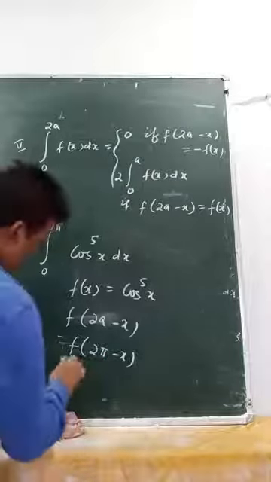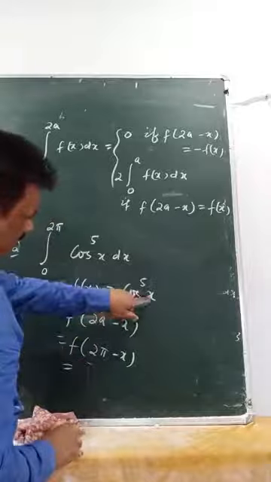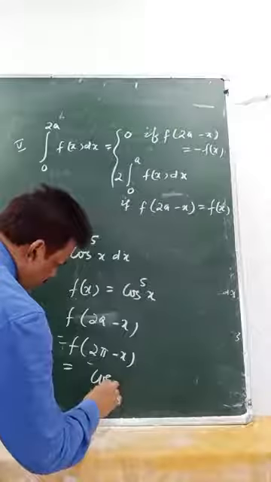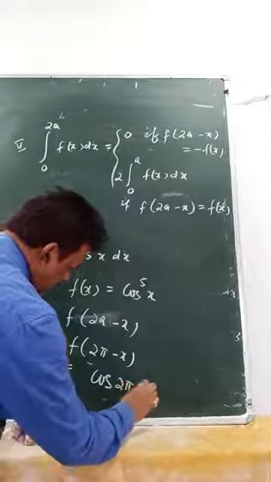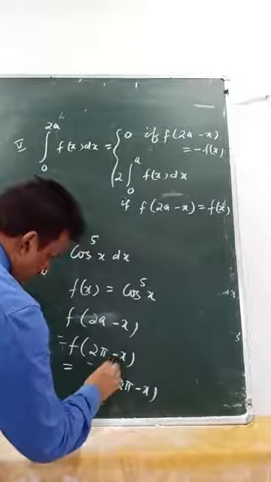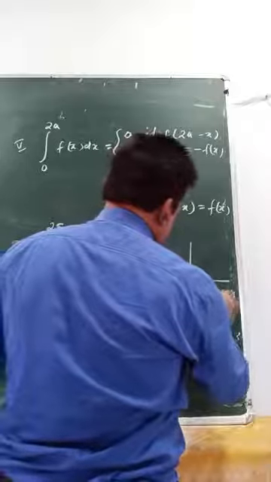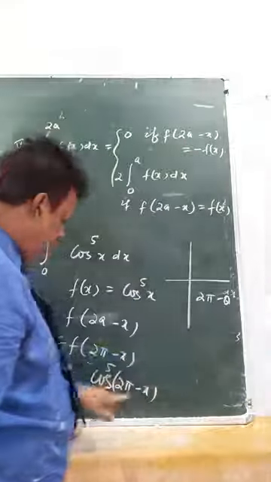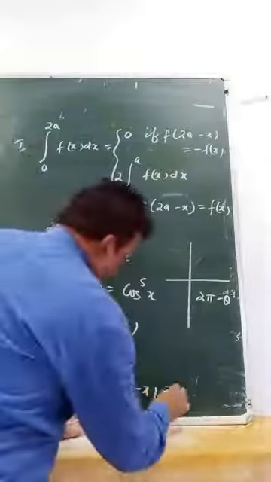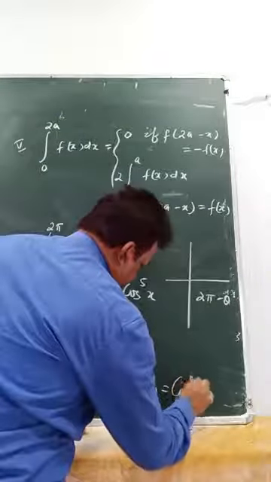So that will be, where I am going to put x, cos of 2 pi minus x to the fifth power. 2 pi minus theta, fourth quadrant, cos is positive. That is cos 50x.